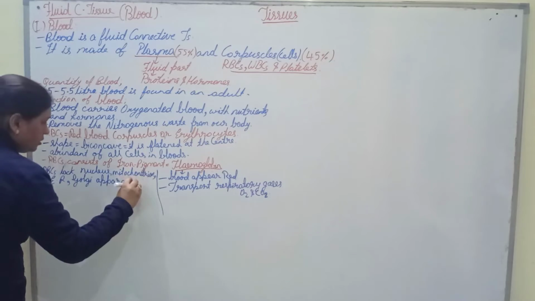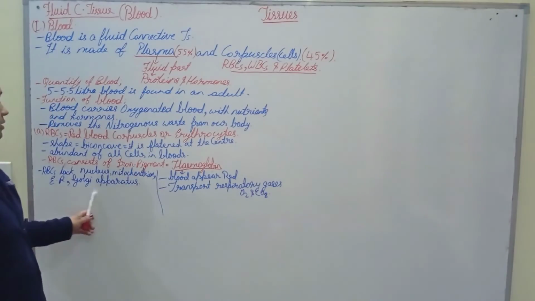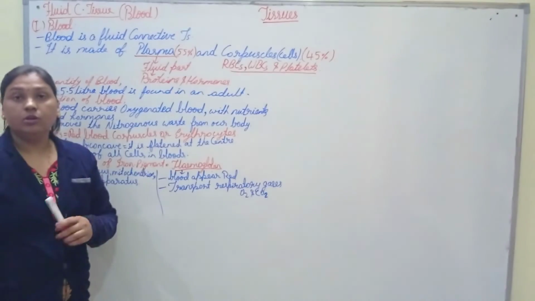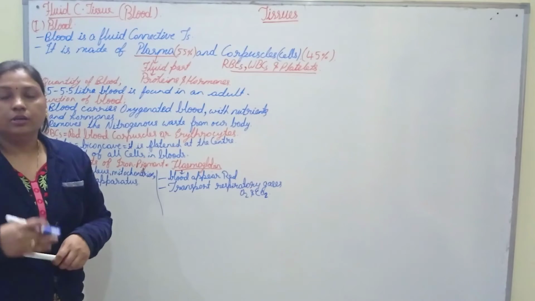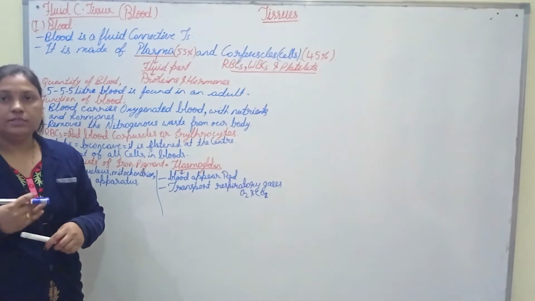Why are these very important cell organelles absent in the RBCs? These are absent only because maximum hemoglobin is accommodated inside the cells.